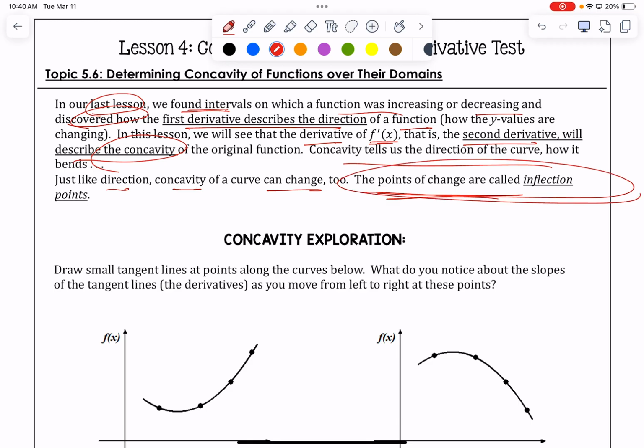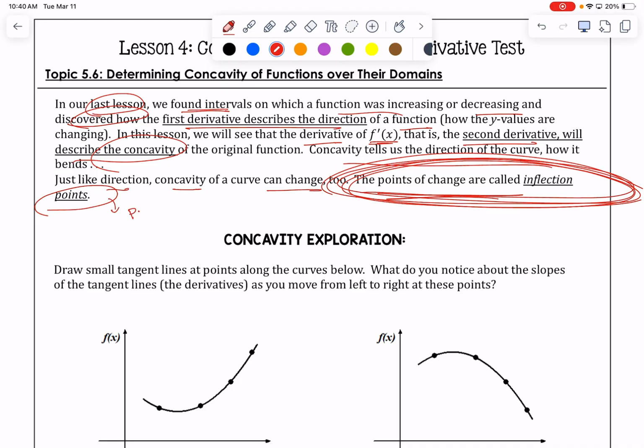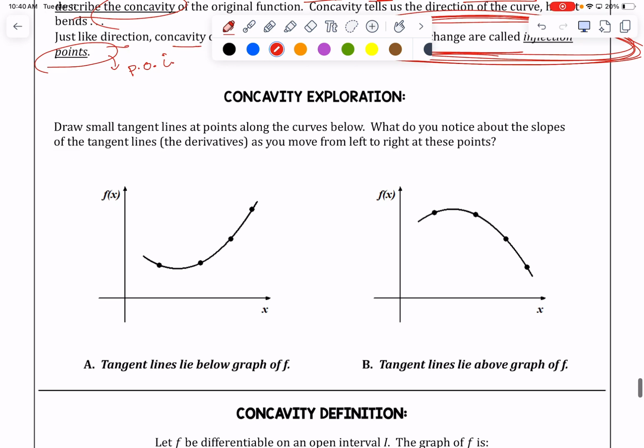Just like direction, concavity of a curve can change too. Circle this: where concavity changes are called inflection points. I'm going to let you abbreviate them. P-O-I. Point of inflection. All right, we did talk about it yesterday. Now, remember when we say it's curved up, where do the tangent lines lie?